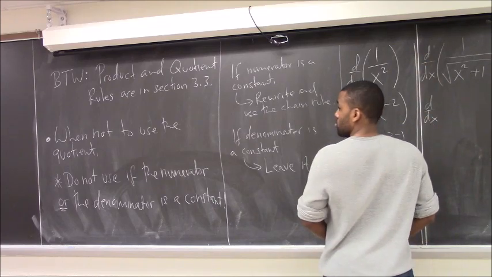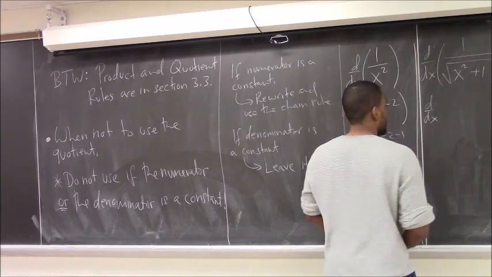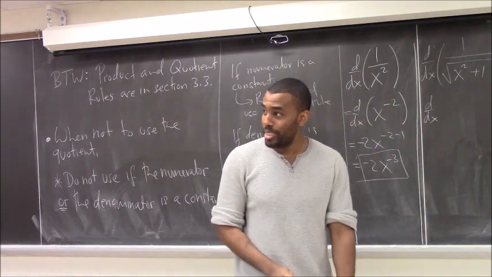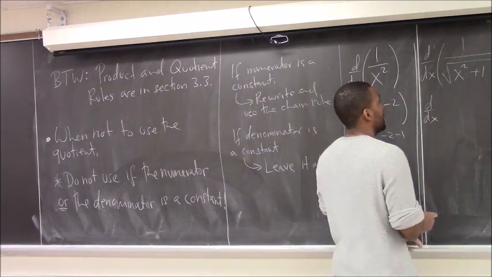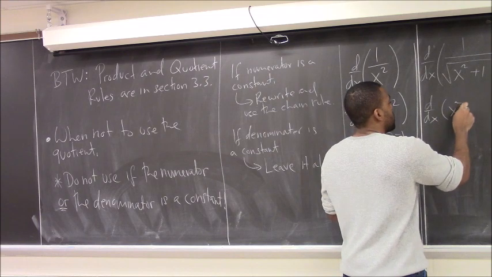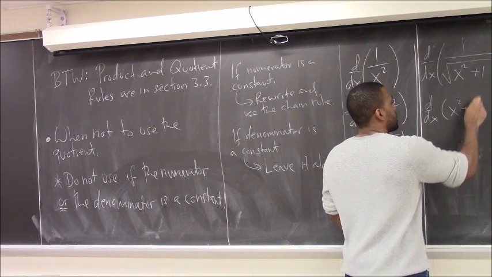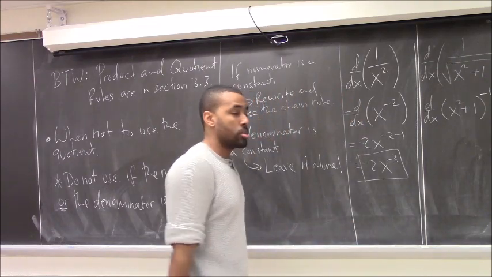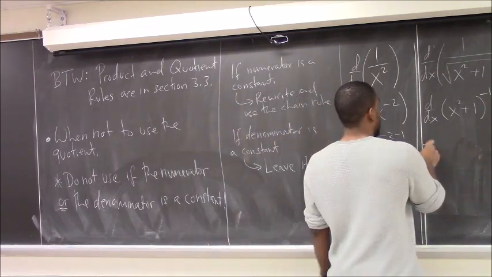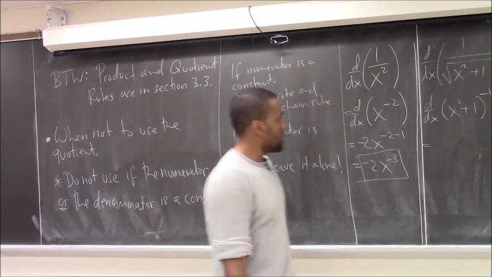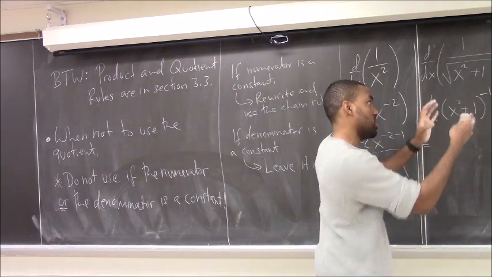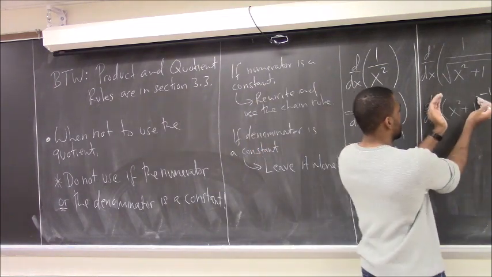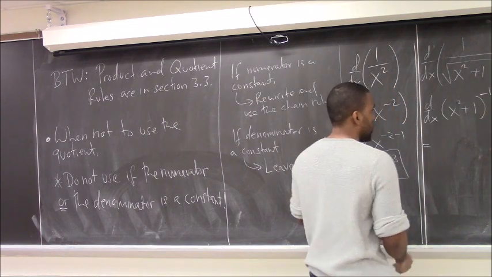X squared plus 1 to the negative 1/2. I can just rewrite that using the laws of exponents. And now I can apply the chain rule. It's not part of the power rule because it's not just x, there's a function plugged in for x. So whenever it's not just x, you have to use the chain rule.